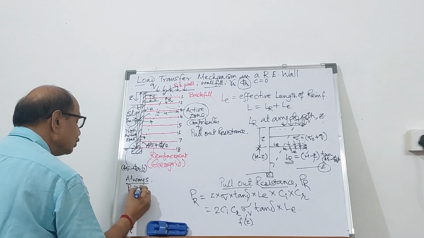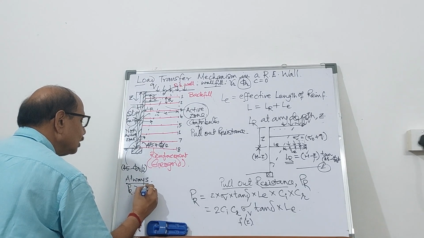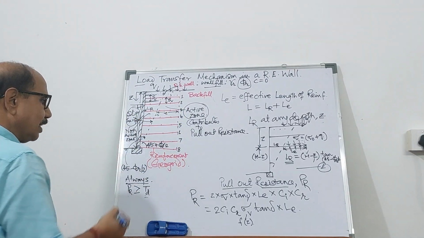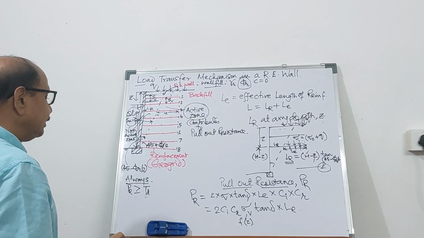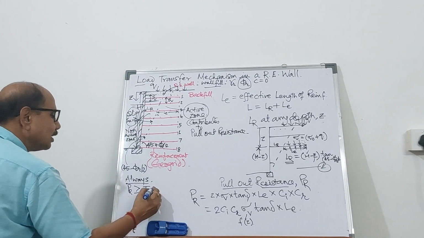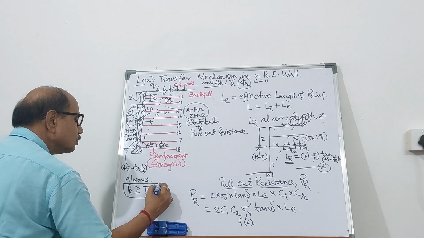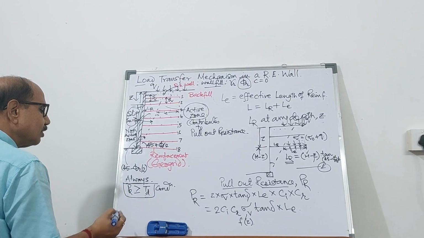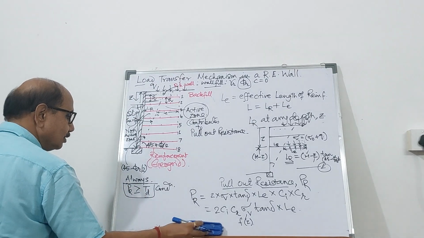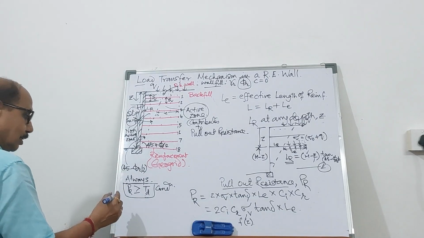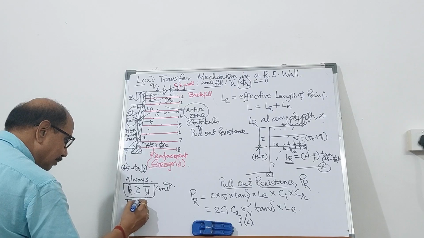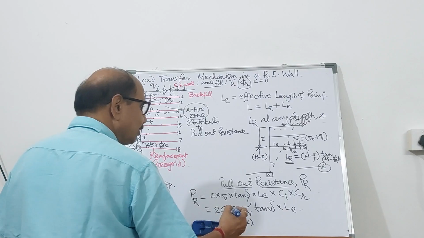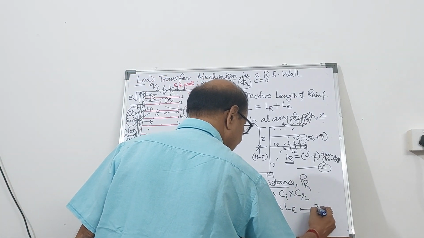So pull-out resistance should be greater than or equal to the tension that is developed in the reinforcement. So you have seen that tension is getting developed, and this is the condition: pull-out resistance should be greater than or equal to the tension that is getting developed, or tension developed should be less than or equal to the pull-out resistance, which is given by this expression number 3.